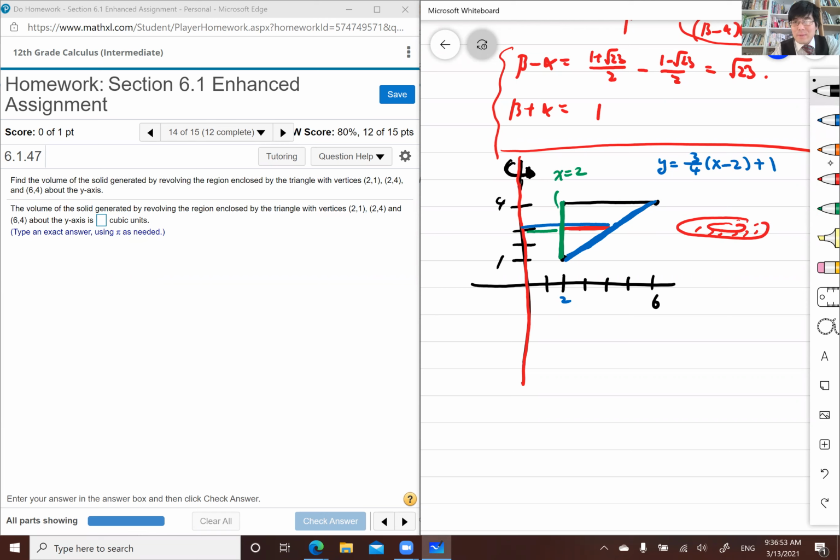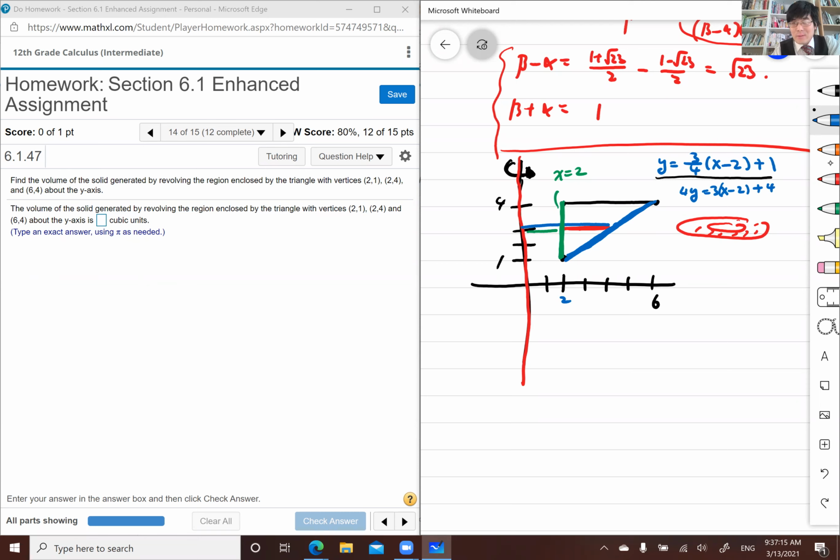We write this expression for x in terms of y. So let's multiply this one by 4 first, and solve for x.